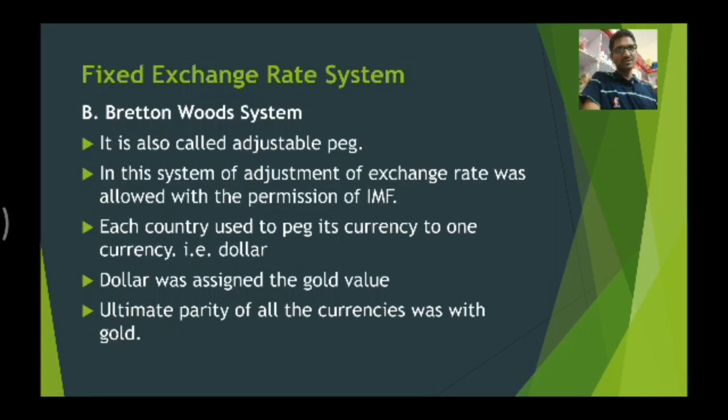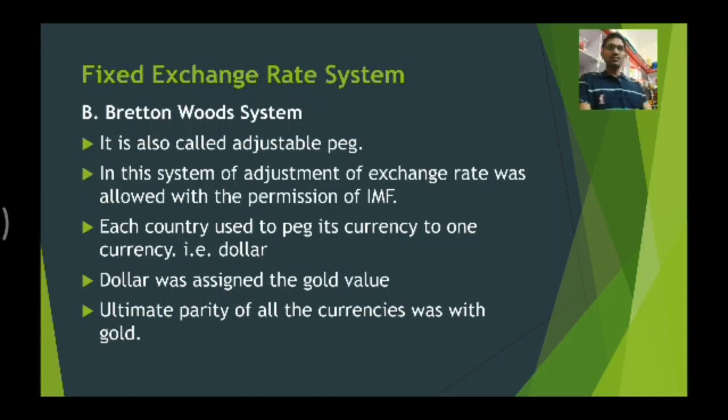So suppose US has pegged its $1 to 20 grams of gold, and the Indian government has pegged its currency as $1 is equal to 10 rupees. So the ultimate parity of 1 rupee was equal to 2 grams of gold, that is 20 grams divided by 10. So the ultimate parity was gold, but individually each country was not pegging its currency against gold.